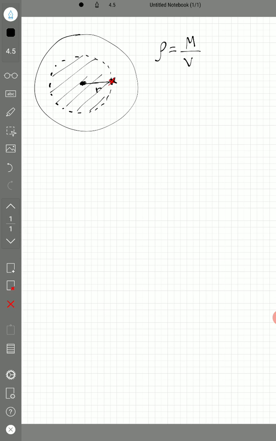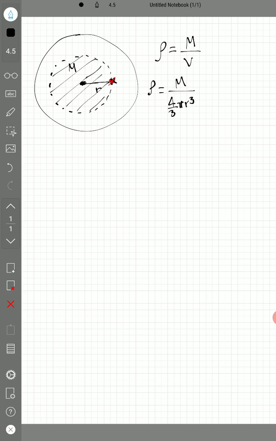And because the density is constant, the ratio mass over volume for the whole galaxy, or just for this shaded region that we've indicated here, will be the same. So the mass of this and the volume of this will give me the same density as the whole density of the galaxy. So what I can say is that the density is equal to the mass of the galaxy over the volume of that, which will be 4/3 pi r cubed.